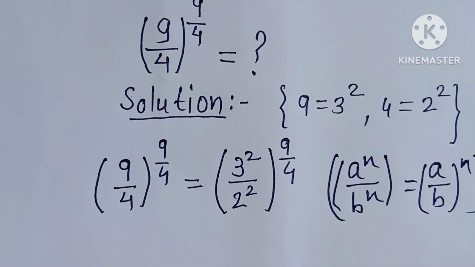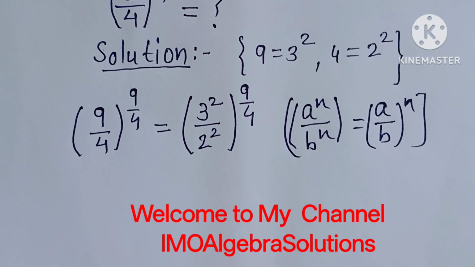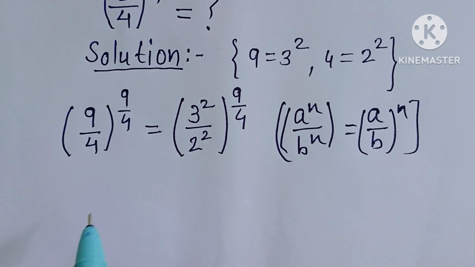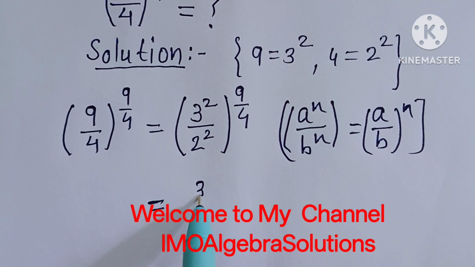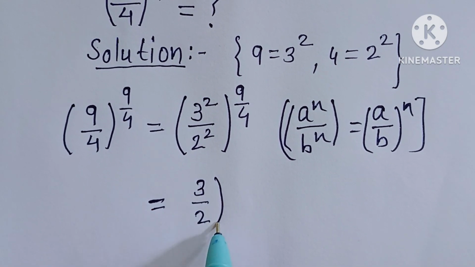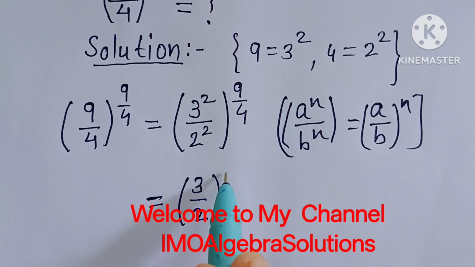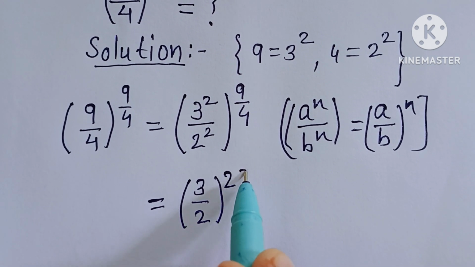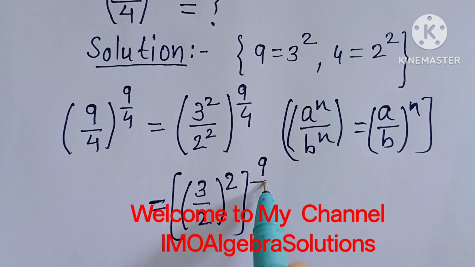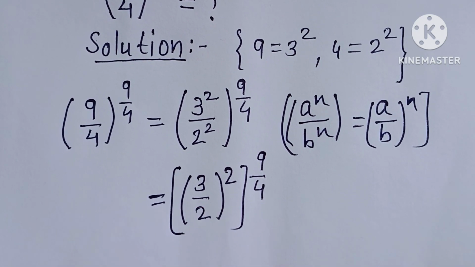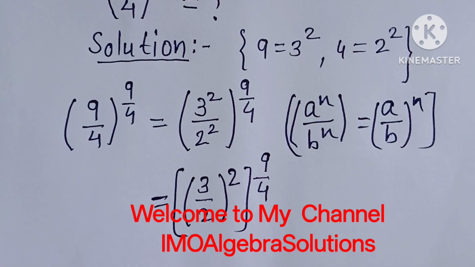This identity we have to apply here. Now (3 divided by 2) whole square, raised to the power 9/4.